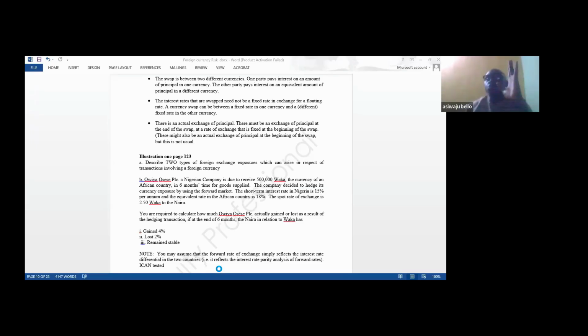We have 4 rules. 1, currencies are quoted from the viewpoint of the bank. Number 2, when customer is willing to buy currency, bank will sell.